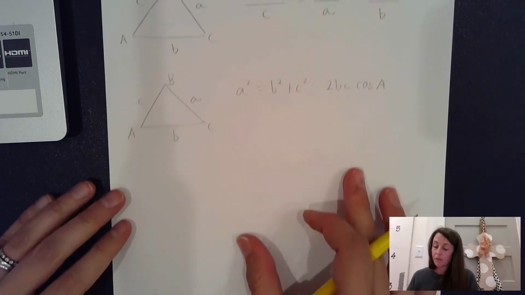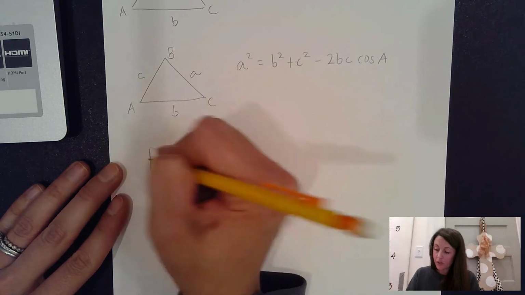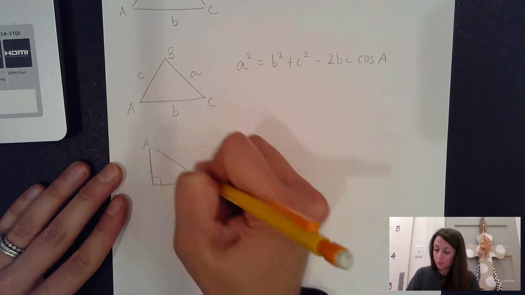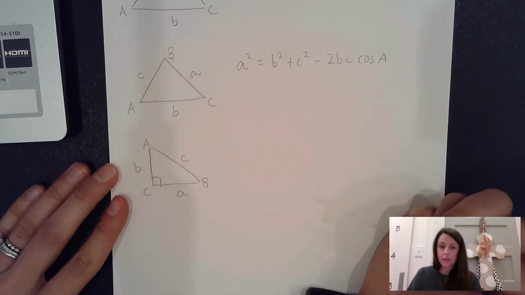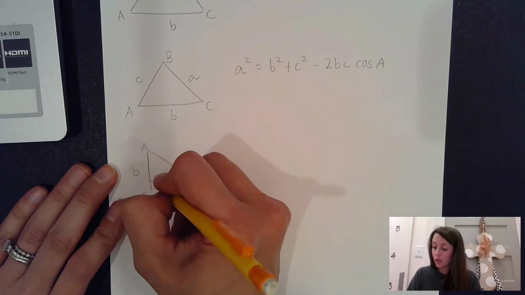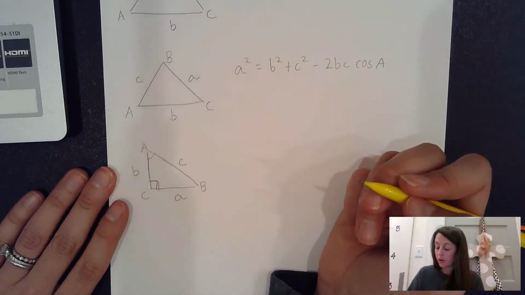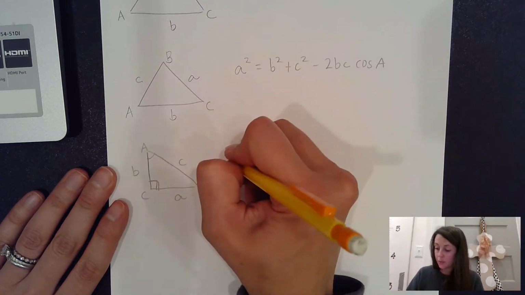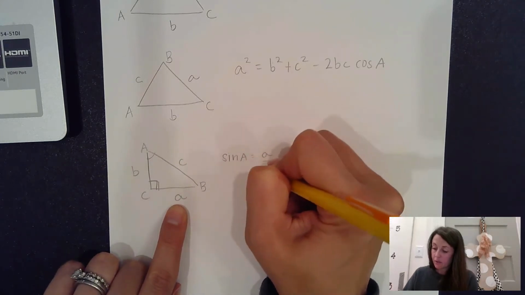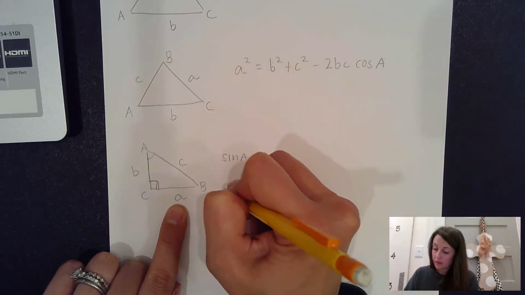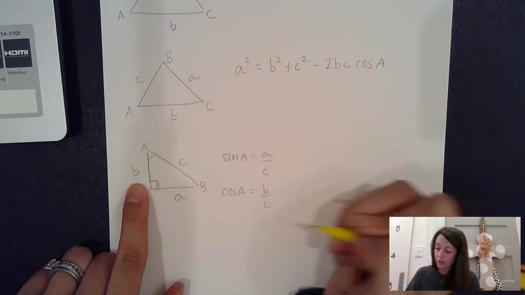Remember, if you have a right triangle, let's label it like that so we can see the difference here. If we have a right triangle, then we can use our regular trig functions. Let's look at angle A up here. Sine of angle A is going to be the opposite over your hypotenuse. Cosine of angle A is your adjacent over your hypotenuse.